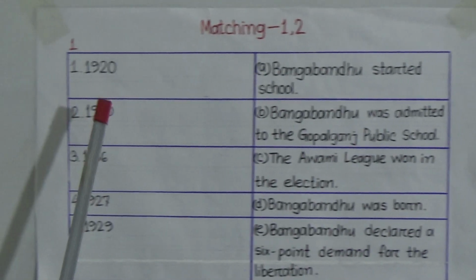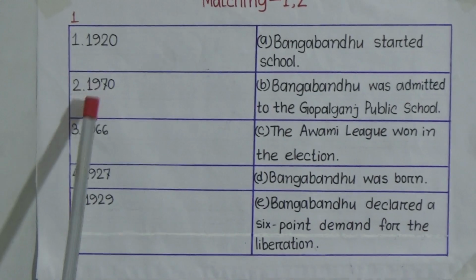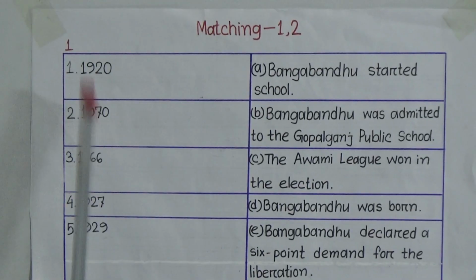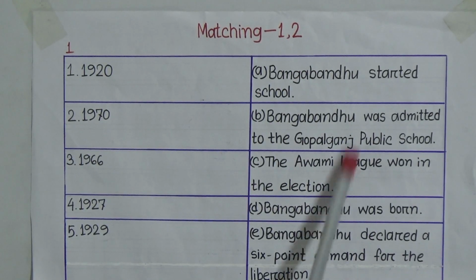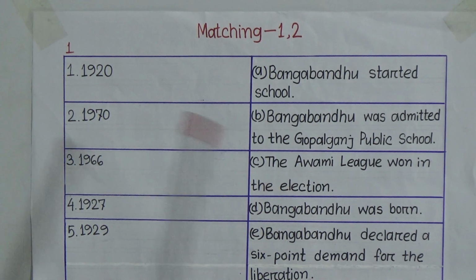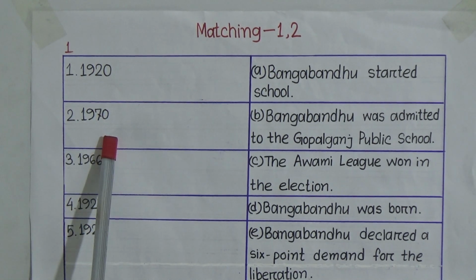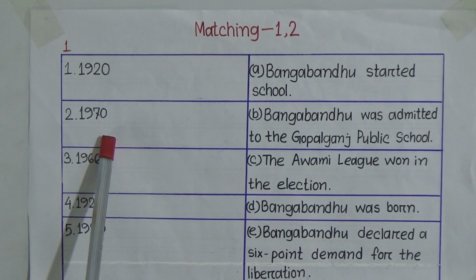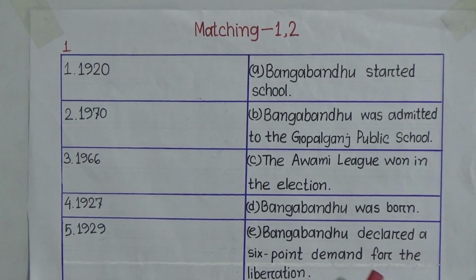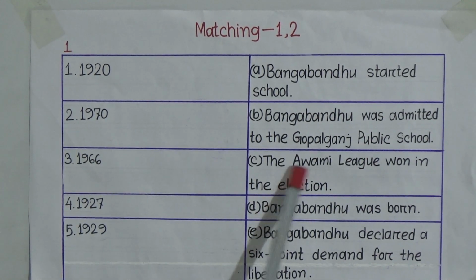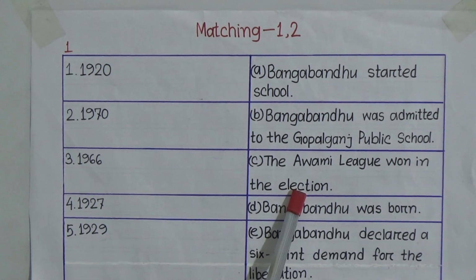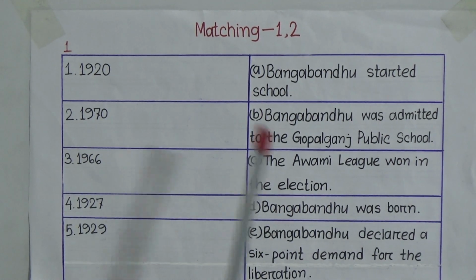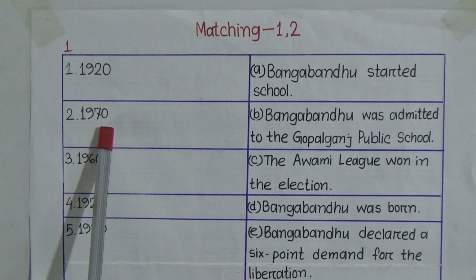Now come to number 2. Here the year is 1970. What can we get from this? What happened in 1970? Can you guess? Okay, look here. The Awami League won in the election. When? Yes, in 1970.